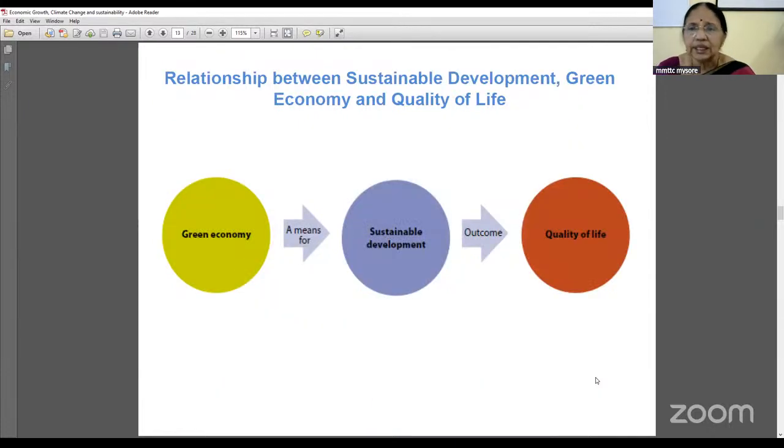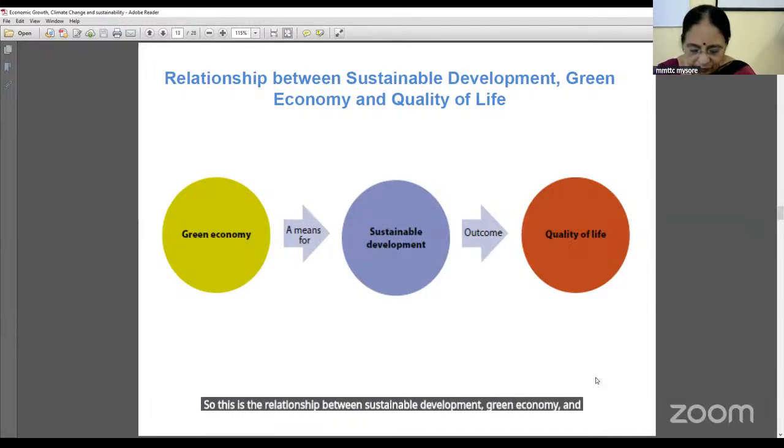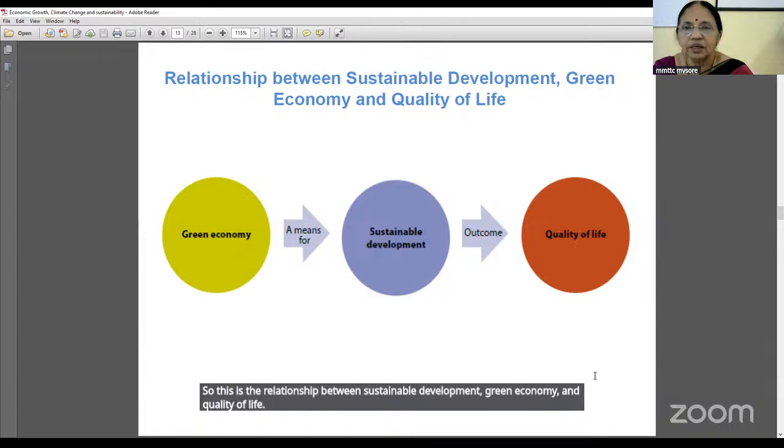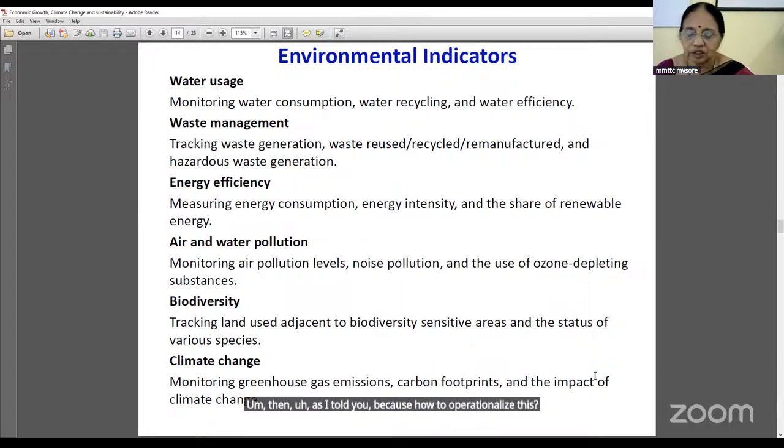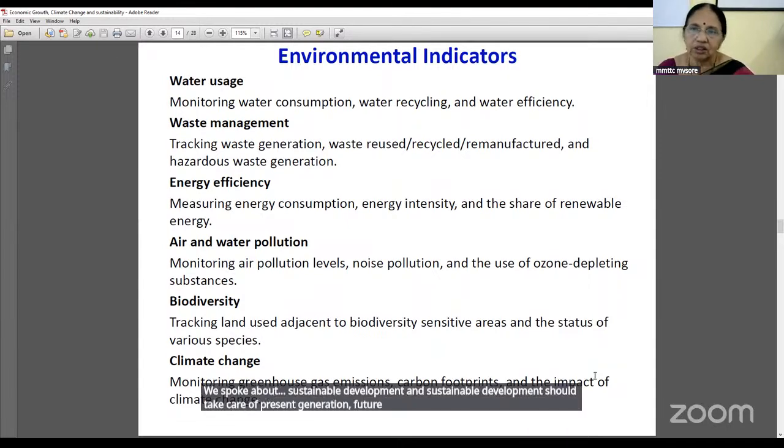So this is the relationship between sustainable development, green economy, and quality of life. Then, as I told you, we spoke about sustainable development, and sustainable development should take care of present generation, future generation, and all that.